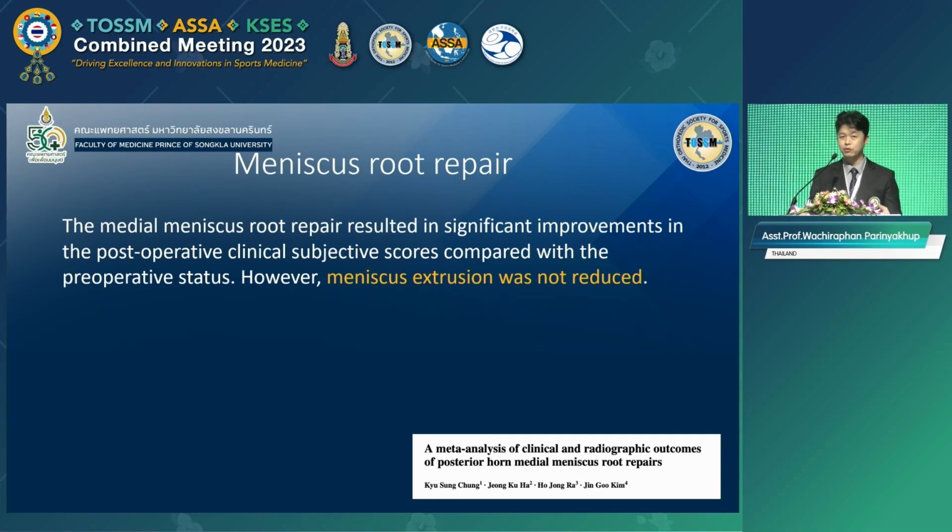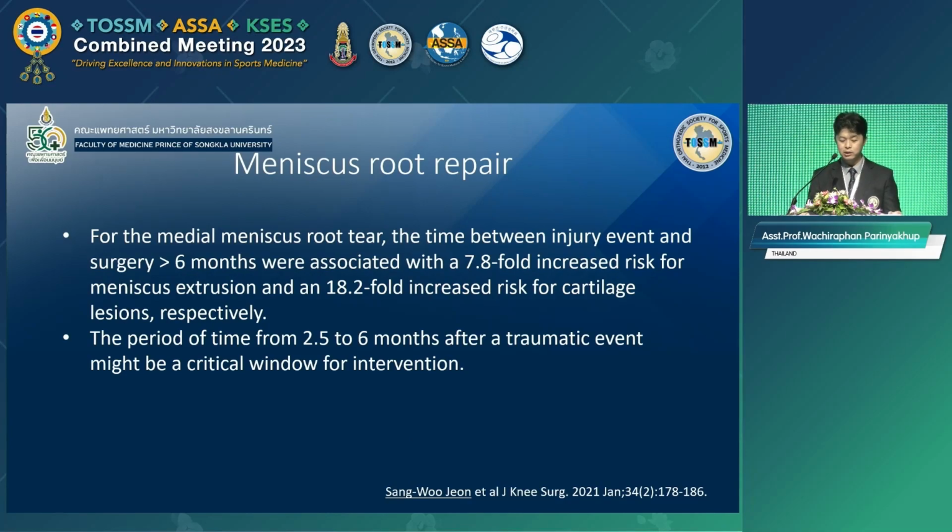Why did this happen? We repaired the root already, but the meniscal extrusion is still there. It depends on time; it relates to the time of surgery. Delayed surgery of more than 6 months was associated with a 7.8 times increased risk of meniscal extrusion and led to an 18 times increased risk of cartilage lesion.